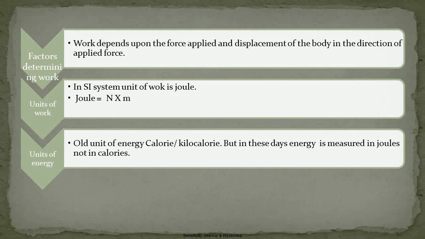That is why work and energy have the same unit, because energy is the capacity or the ability to do work, and work is the product of force and displacement. Clear? They both have the same unit.